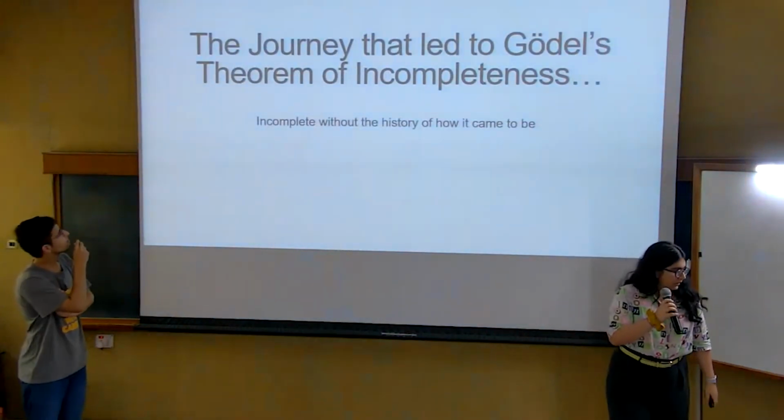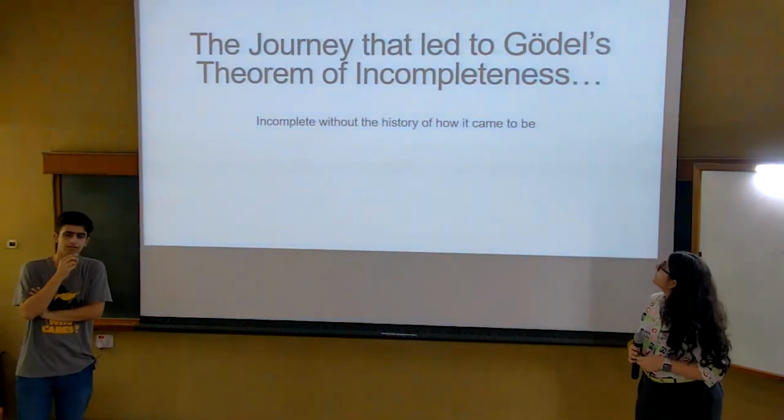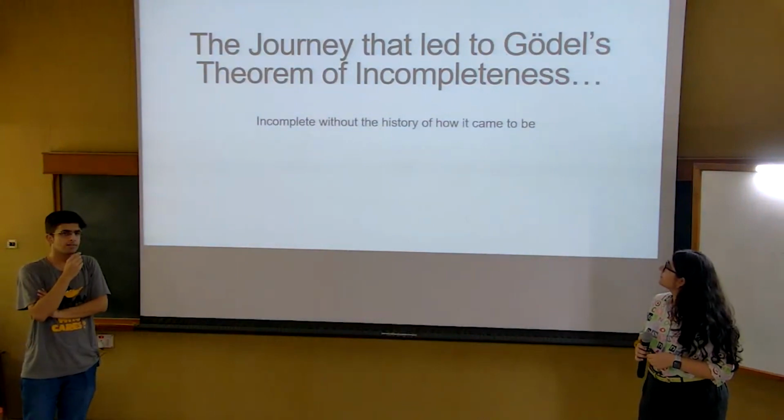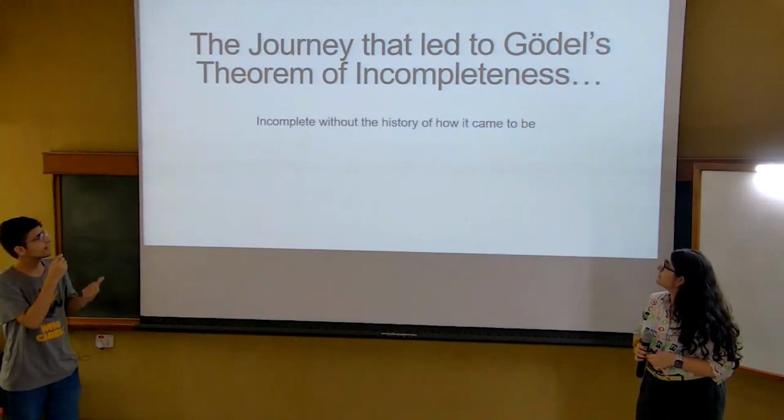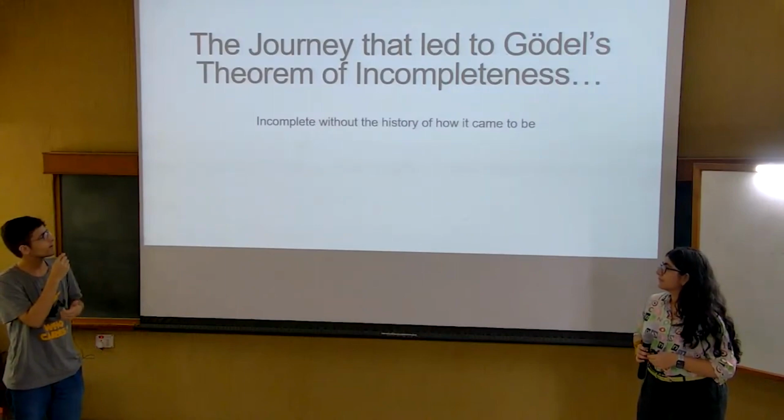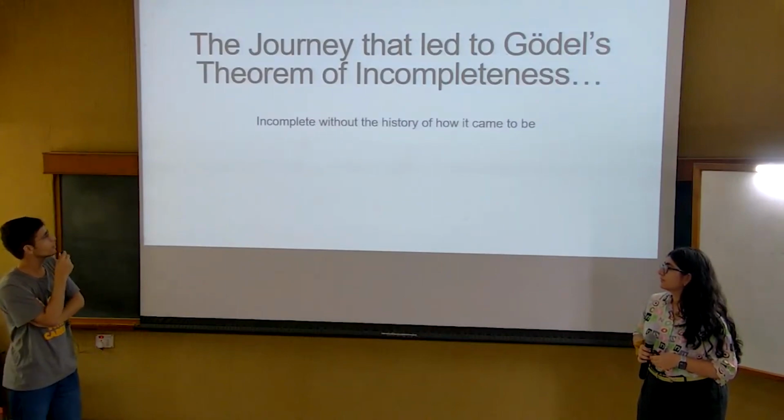Gödel's incompleteness theorem is quite a breakthrough in mathematics. But I think the history, the journey that led to it, which is filled with paradoxes and contradictions and formalization of mathematics, is also quite important.